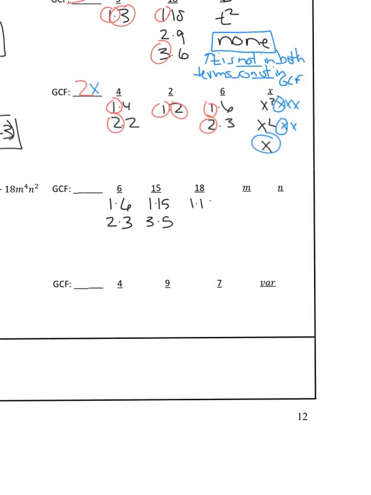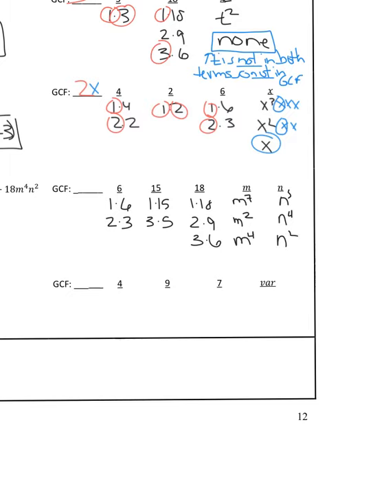Factors of 18 are 1 and 18, 2 and 9, and 3 and 6, right? So these are my factors for the coefficients. My factors for the m's, looking here, I have m to the 7, I have m squared, and I have m to the 4. And then for my n's, I have n to the 3, n to the 4th, and n squared.